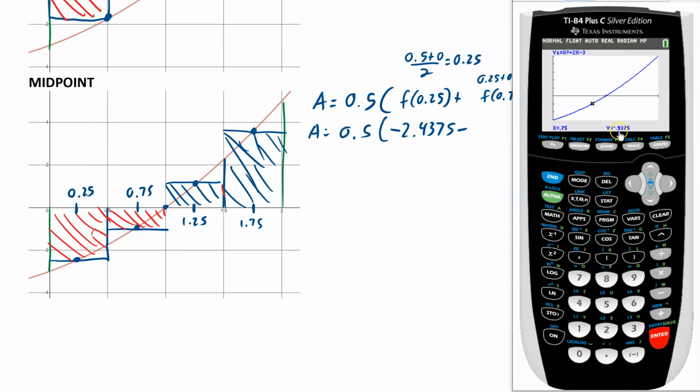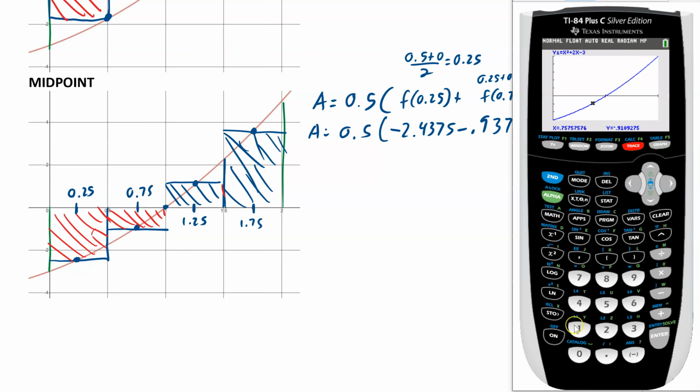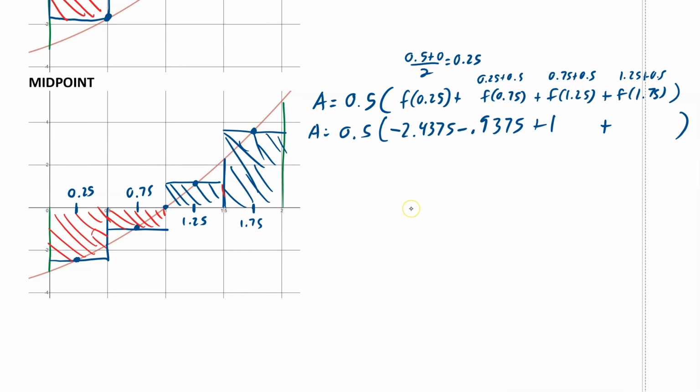And that gives us negative 0.9375. It's 0.93. I'm like, that's way too big. 0.93, there we go. And then trace 1.25.